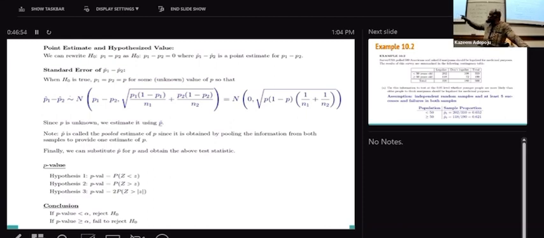In hypothesis 3, where it is not equal to, it's going to be 2 multiplied by the probability of Z greater than the absolute value of z. So what does that mean? If you want to get your p-value right, you need to get the nature of the alternative right. Does that make sense?